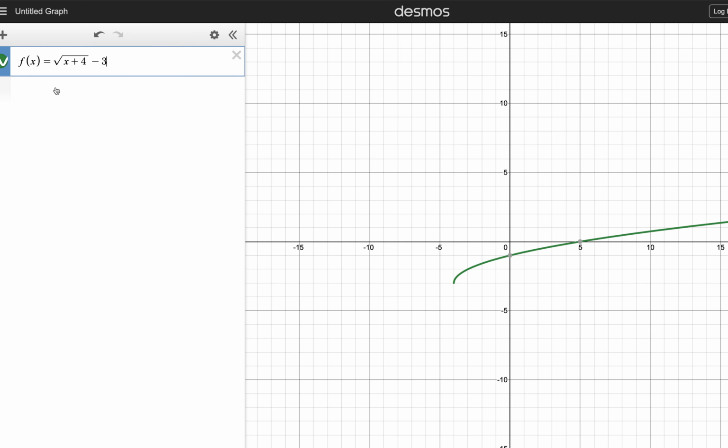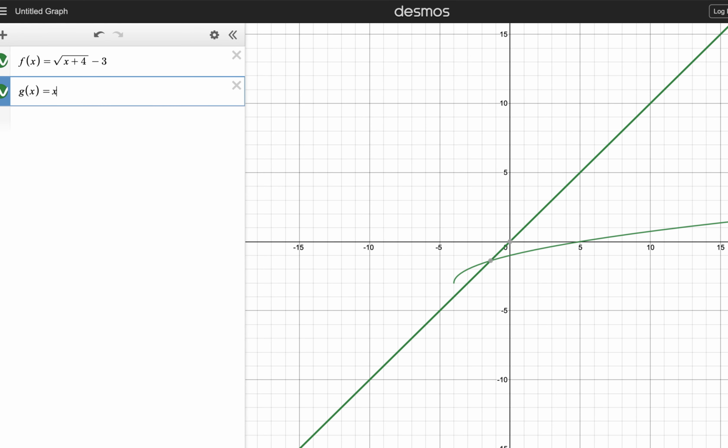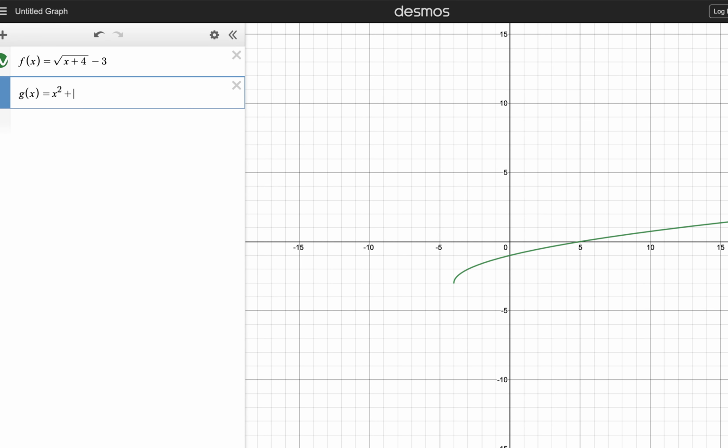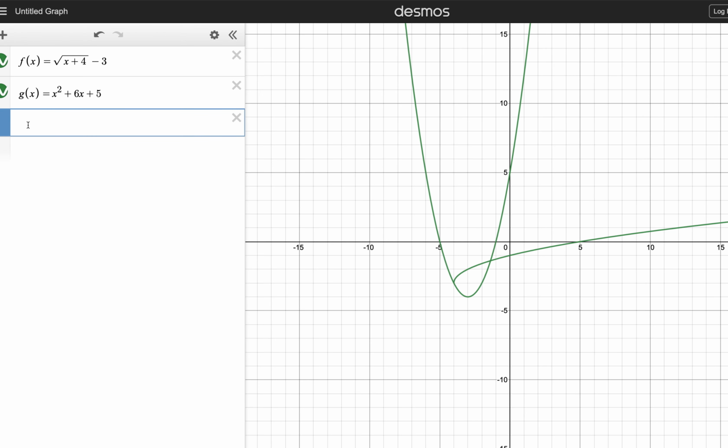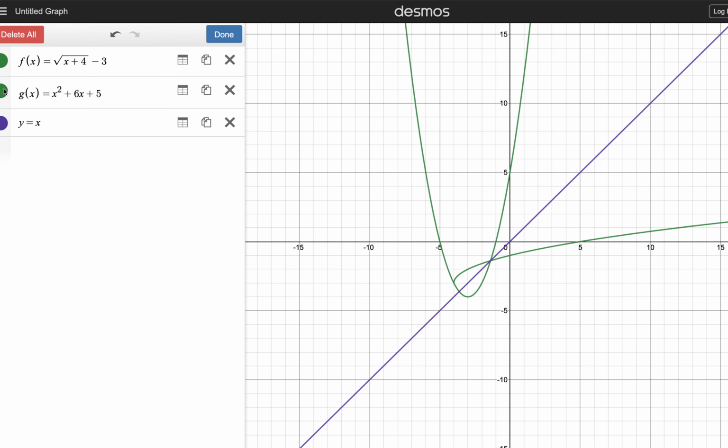So you have a square root function. And for the inverse, I'll just call this g of x is equal to x squared plus 6x plus 5. We got y is equal to x, and then we just modified this a bit.